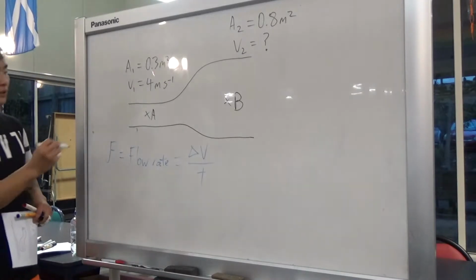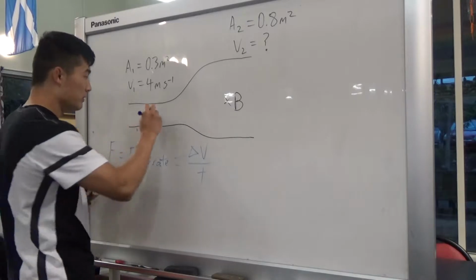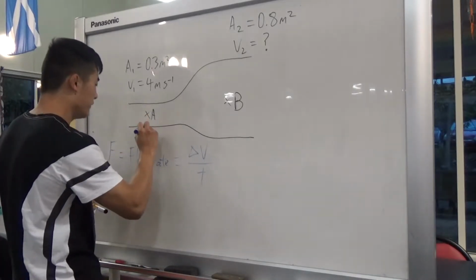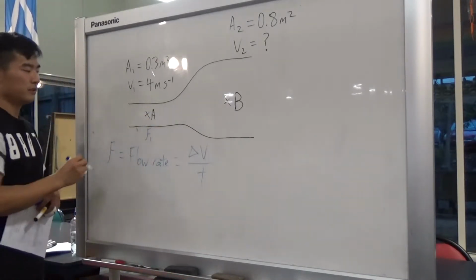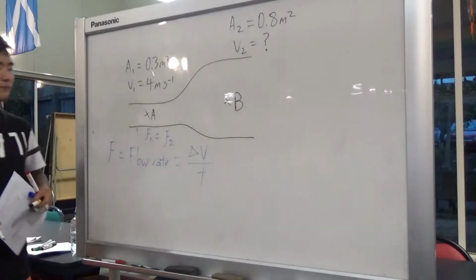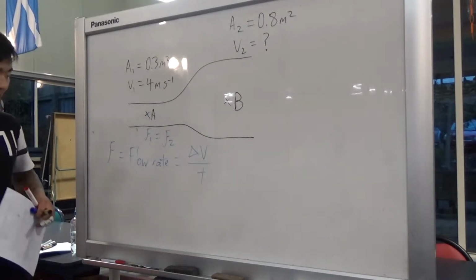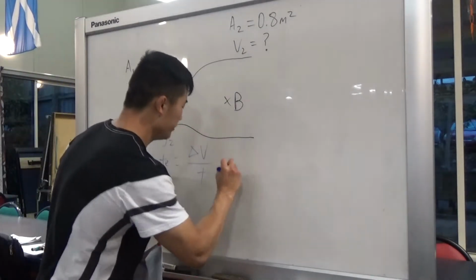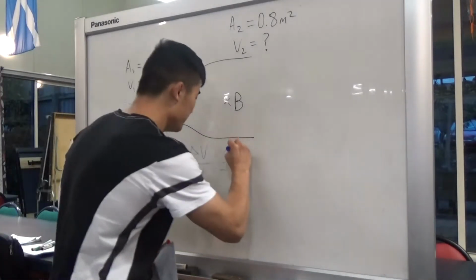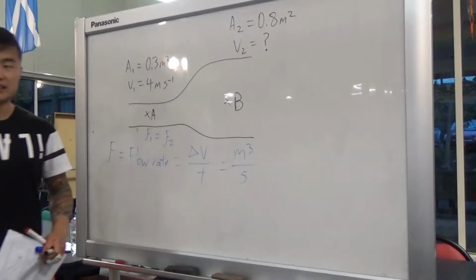Okay, so we can say that flow rate 1 will be equal to flow rate 2. Okay, so remember that the unit of volume is meters cubed, and the unit of time is seconds, right?